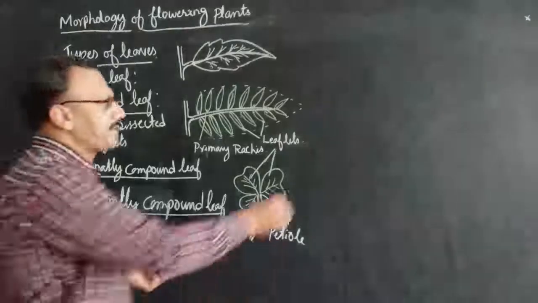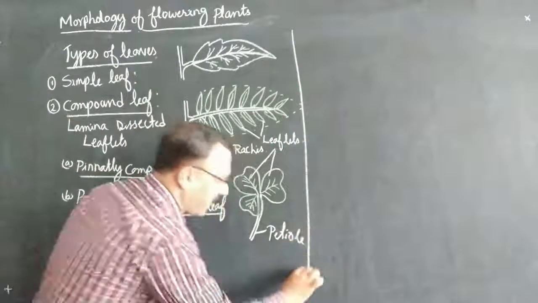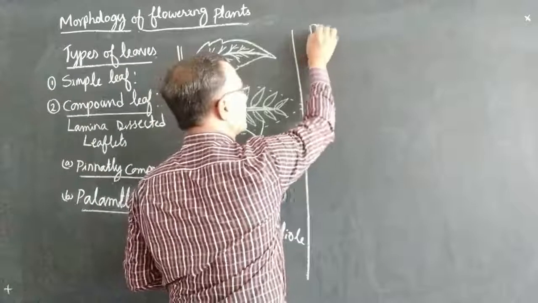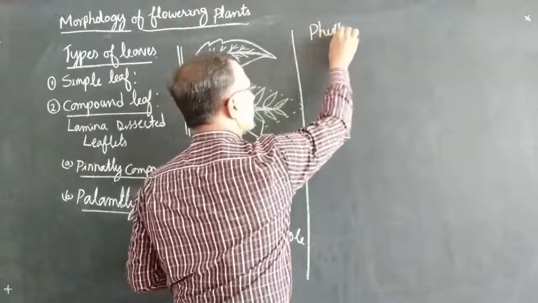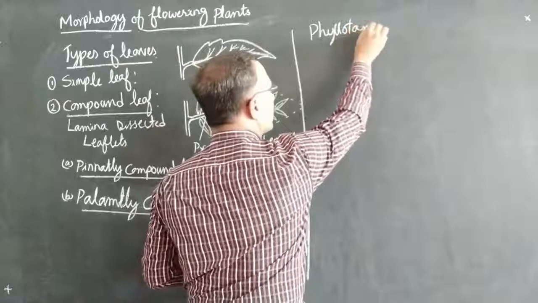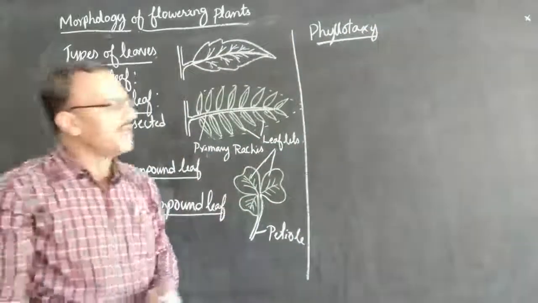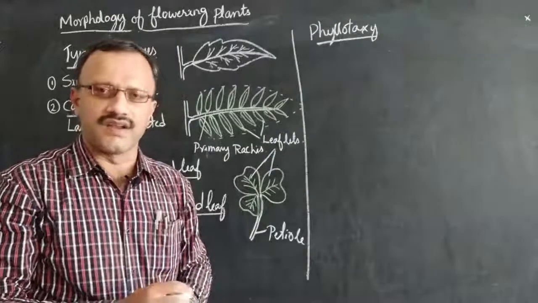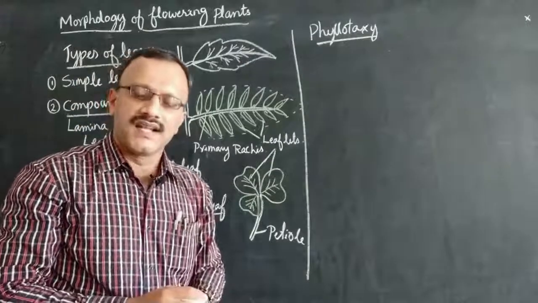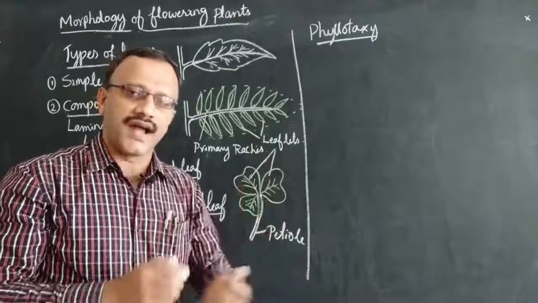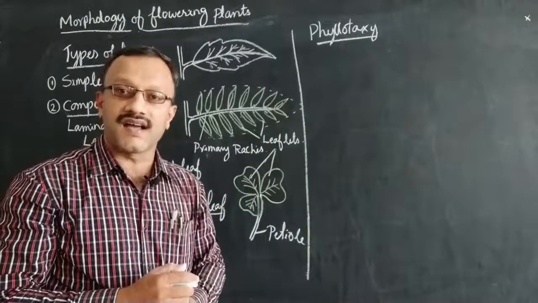Now we'll see another very important concept called Phyllotaxy. Another very interesting and important concept called Phyllotaxy. The word phyllo means leaf. Taxy is derived from a Latin word taxon, that means arrangement.